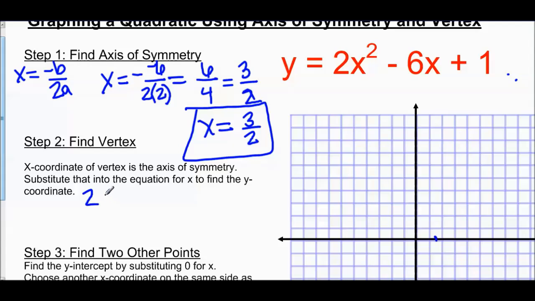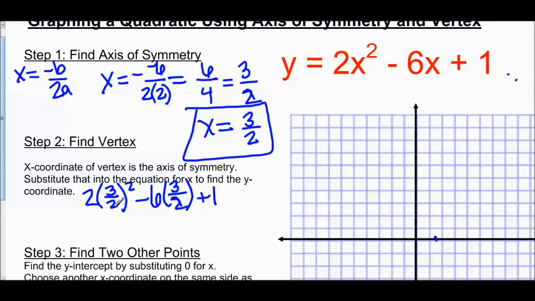So 2 times 3 over 2 squared minus 6 times 3 over 2 plus 1.